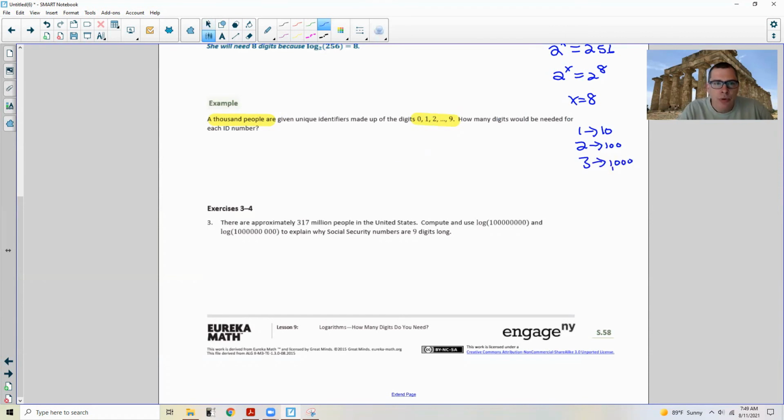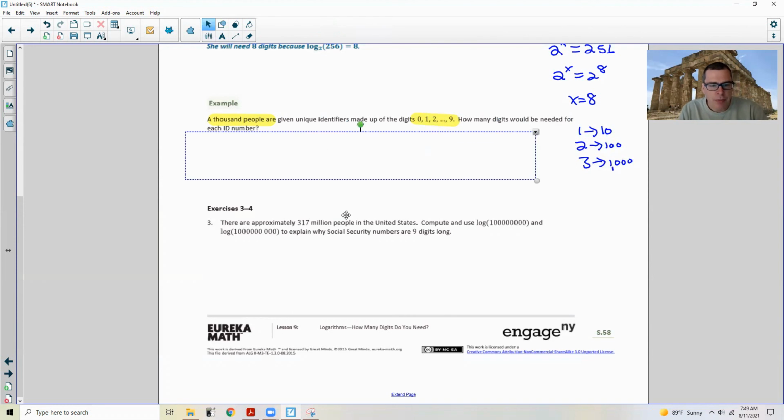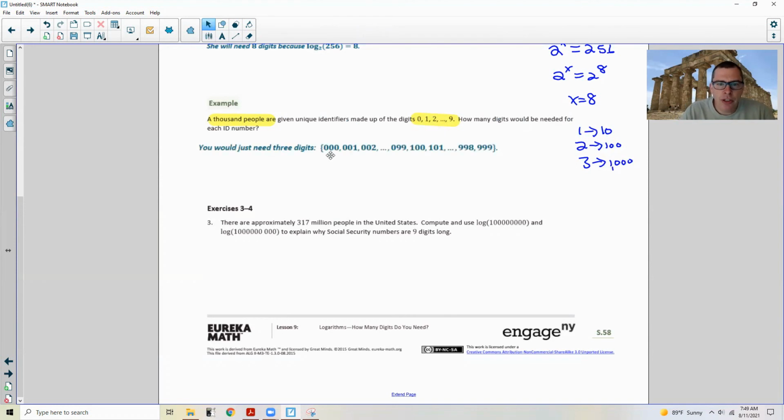Okay, so 1,000 would require 3 digits. 000, 001, 002, all the way out to 999. That is 1,000 3-digit numbers.